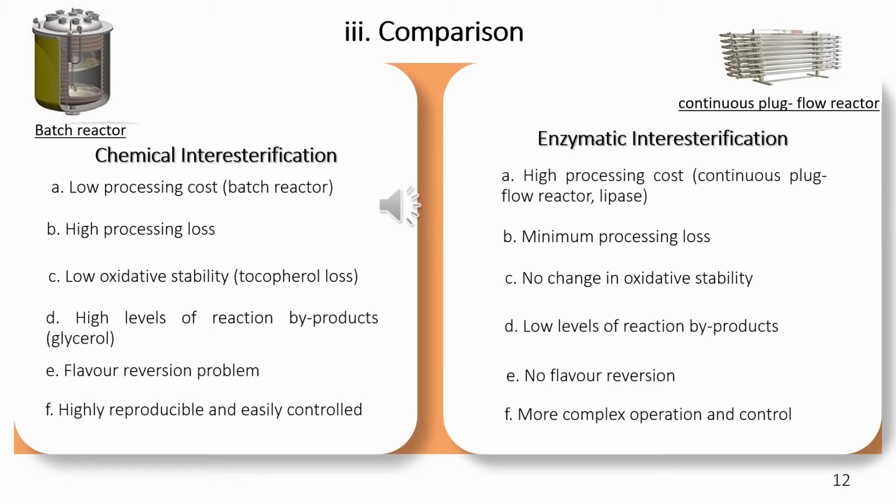So this process is not continuous. In the batch reactor, the reaction mixture can react for a long time in order to reach the high conversions. So this process requires long time.